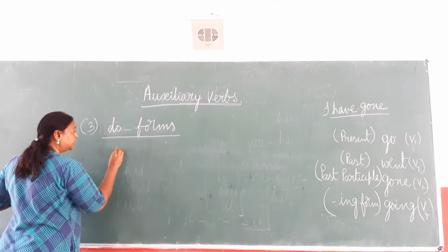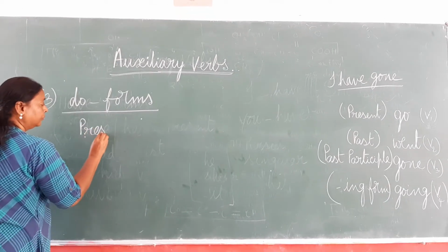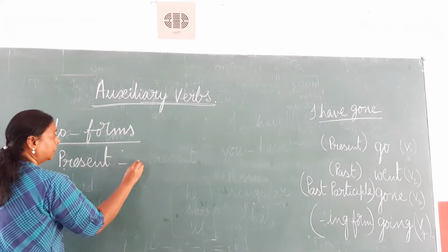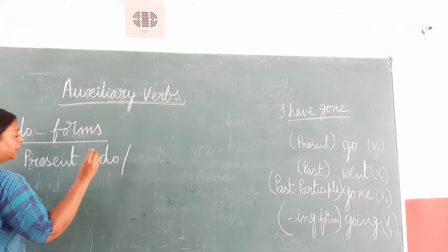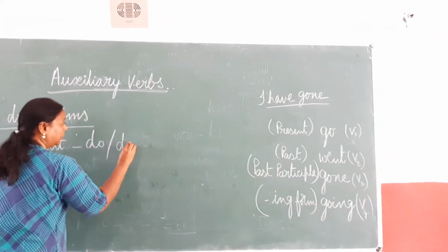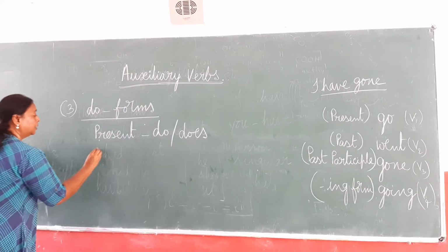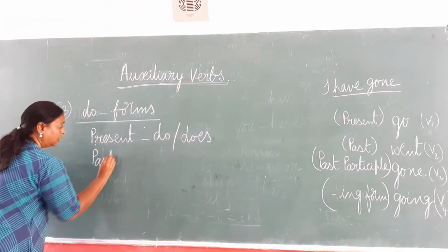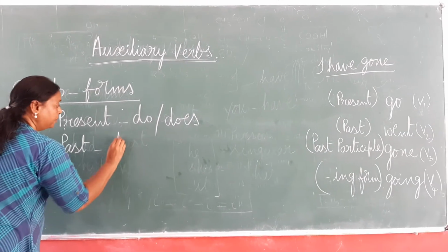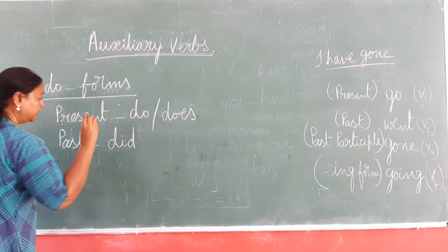The present do forms are do and does. The past do form is did.